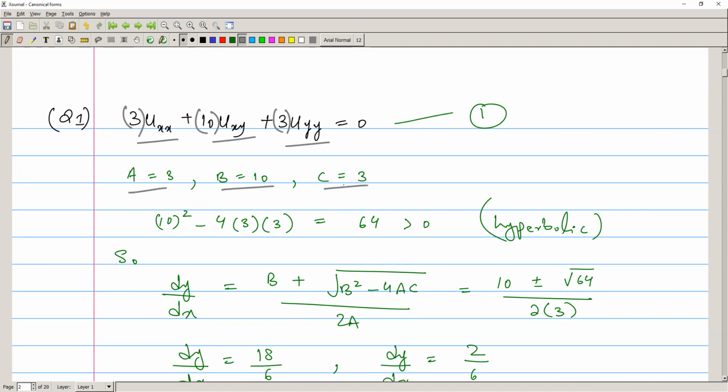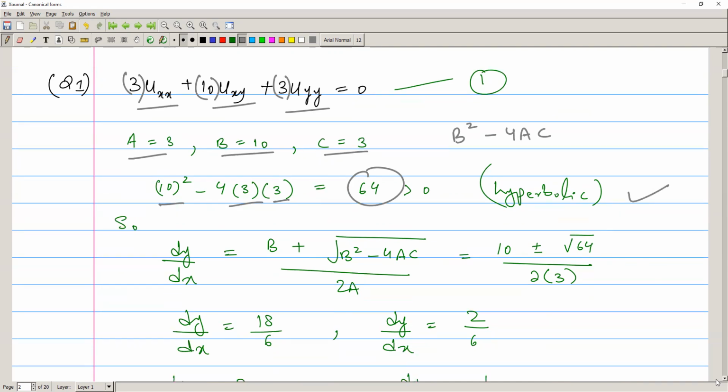So we will apply the condition of b squared minus 4ac, and we will see that it's greater than 0. 10 squared minus 4 times 3 times 3. So it's 100 minus 4 3s are 12 and 12 3s are 36. So it will be 64. That is greater than 0. So it's hyperbolic, right?